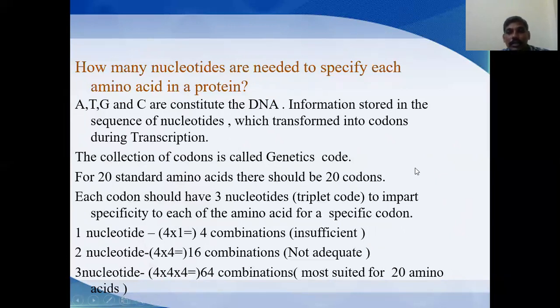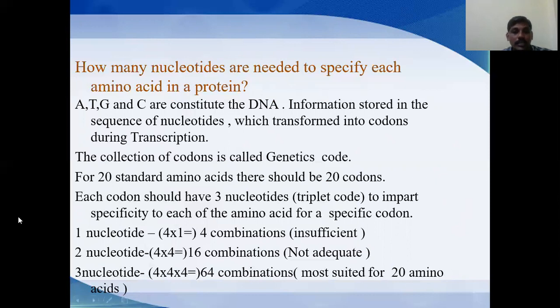A natural cell contains nearly 20 standard amino acids, but 2 more amino acids have recently been discovered. So a total of 22 amino acids is also written in some books. If each codon should have 3 nucleotides, that is a triplet code, to be specified for each amino acid, how are these 20 standard amino acids specified, recognized, or identified by the nucleotides?